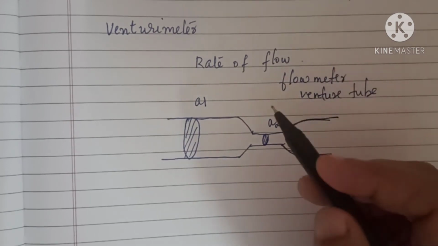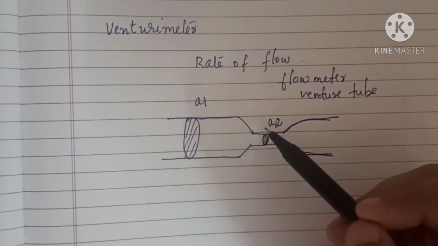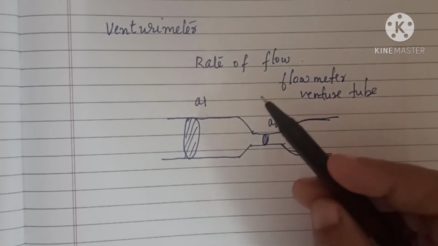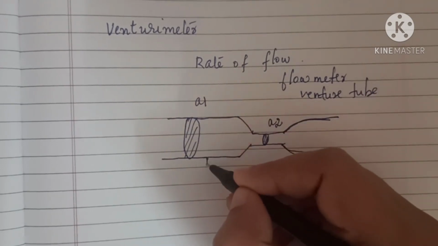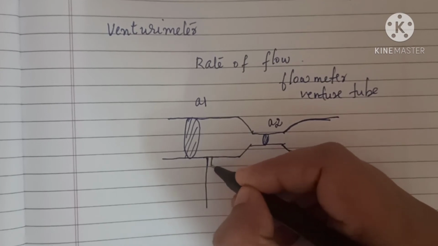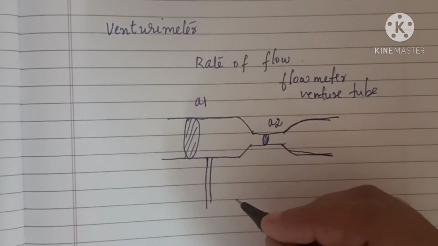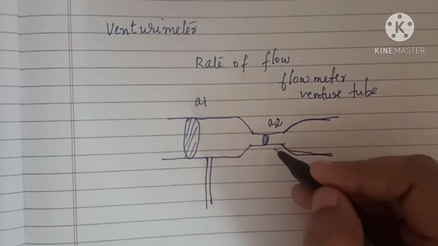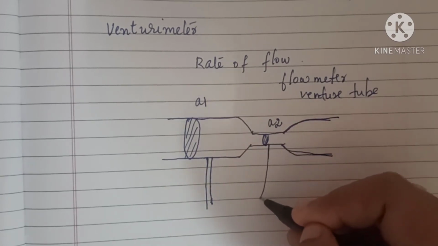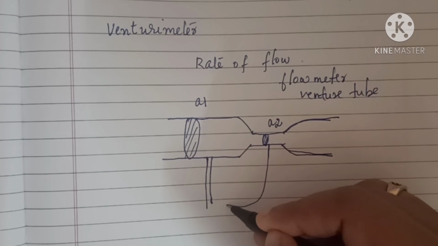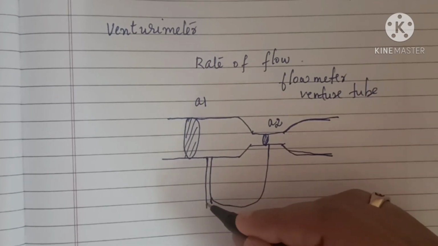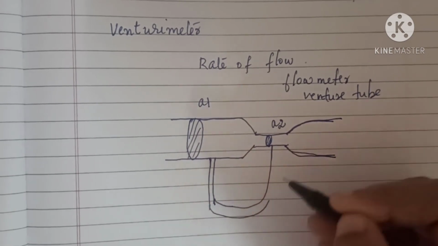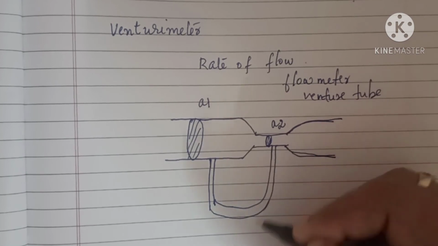Now these two regions of the horizontal tube are connected to a manometer here. There will be a connection here, a U-shaped manometer. You know, manometer is used to find the pressure, right? So from here there is a connection like this. It is a U-shaped manometer connected like this.